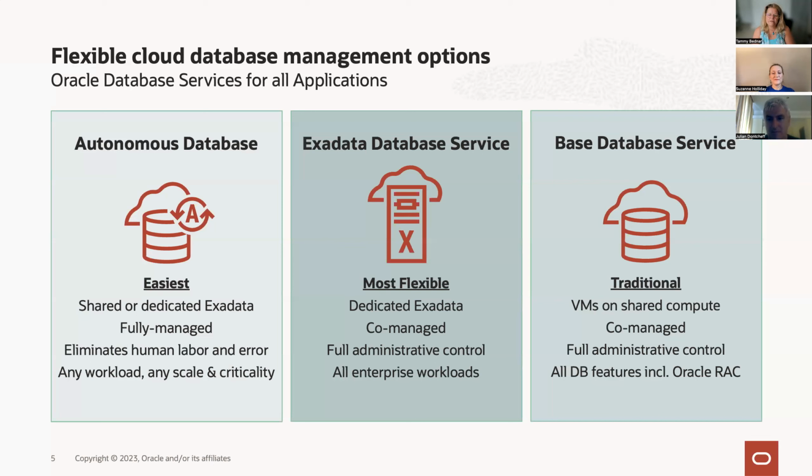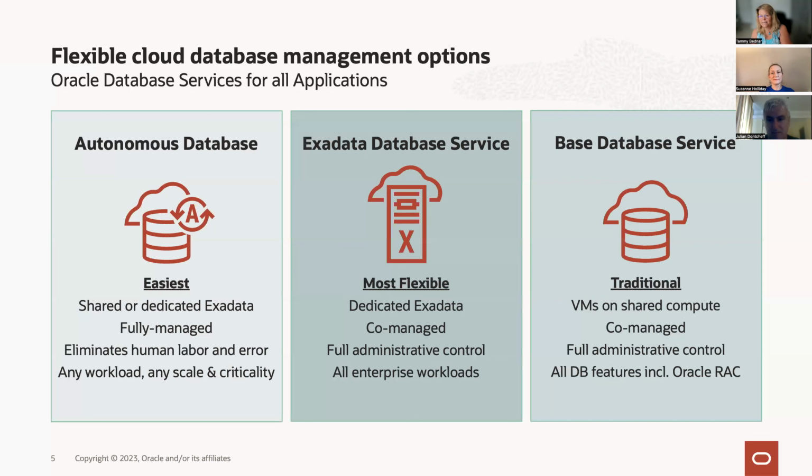You have full administrative control, and you can run all enterprise workloads. And by the way, in case you didn't know, we provide the ability to run Autonomous Database and Exadata databases on the same Exadata system in the cloud. That makes it really easy and flexible for you to choose whether you want a fully managed or a co-managed database to run your application.